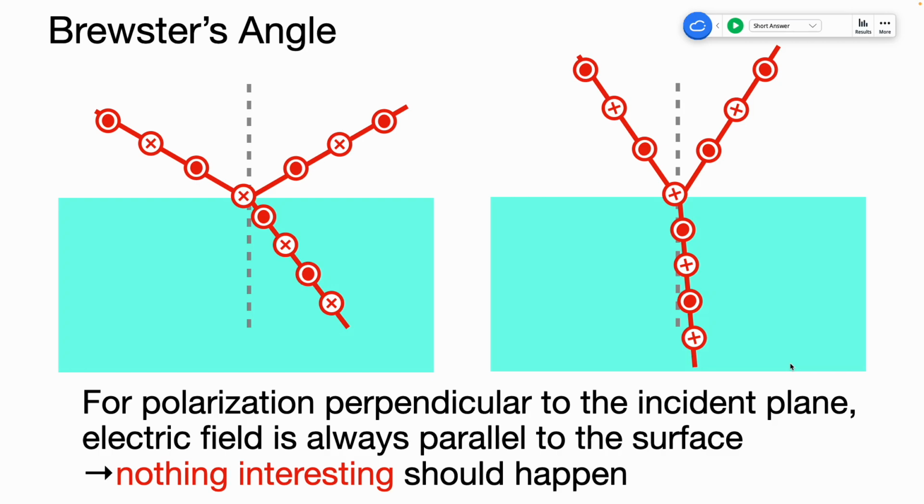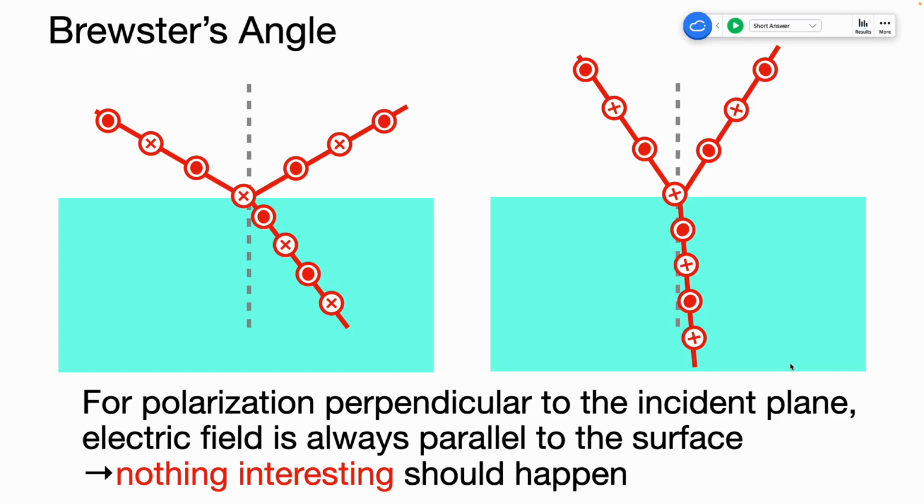Now, you see when the polarization is perpendicular to the incident plane, changing the incident angle doesn't matter. If I am shooting the light ray into the water surface like this, the electric field is rubbing the water surface horizontally.